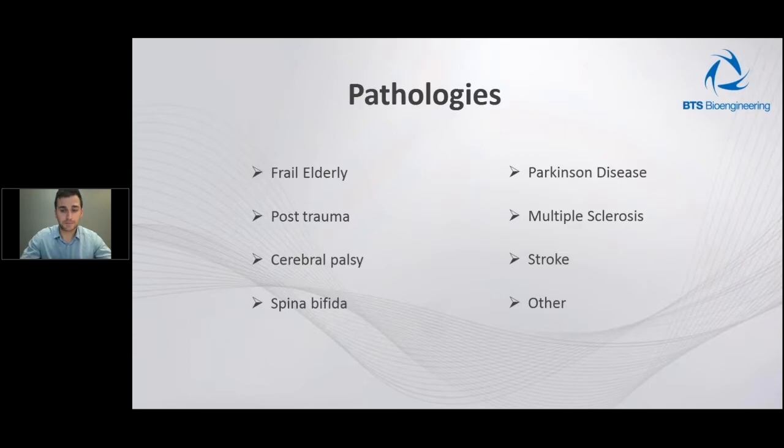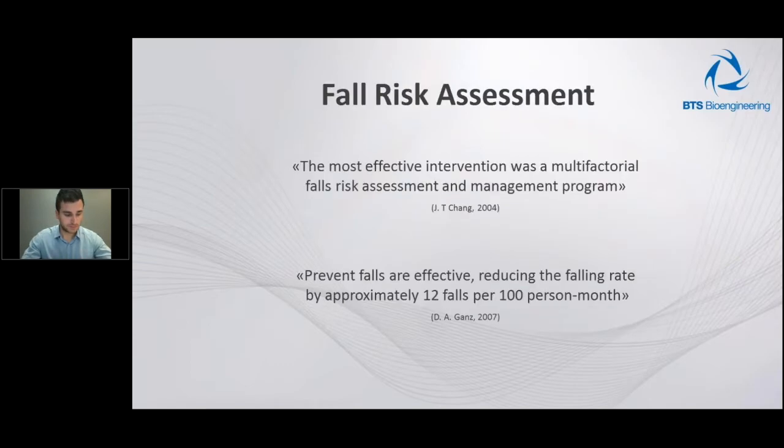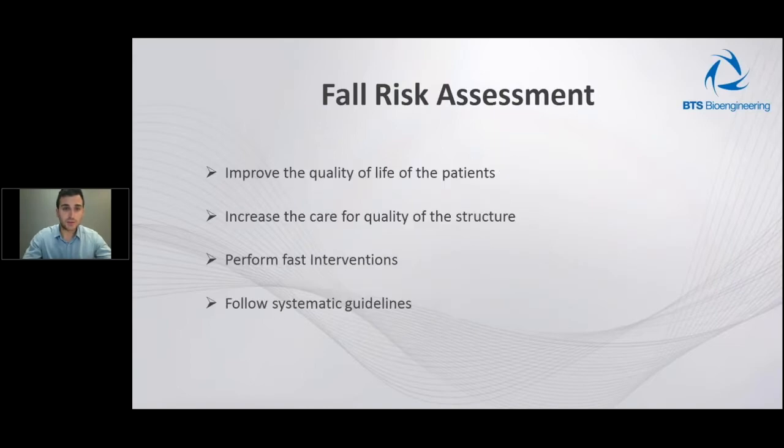But why? Because the most effective intervention to prevent falls is a multifactorial falling risk assessment. To evaluate the risk allows reducing the risk itself and consequently improving the quality of life for the patient by reducing the rate of injuries.